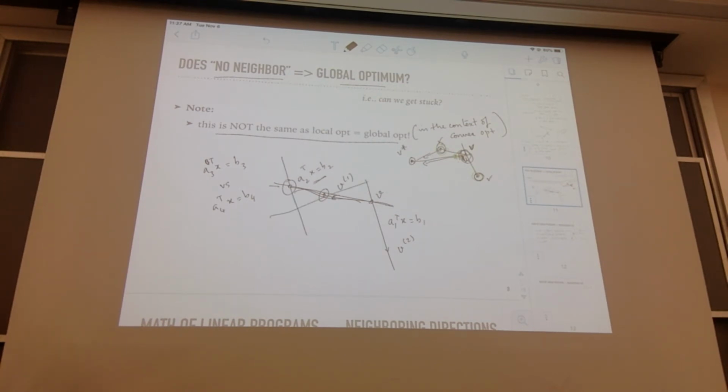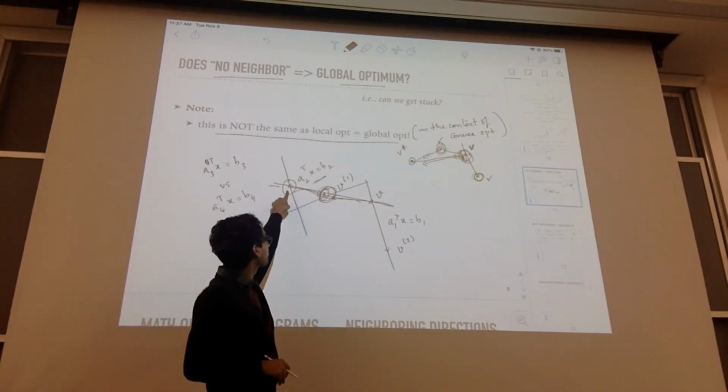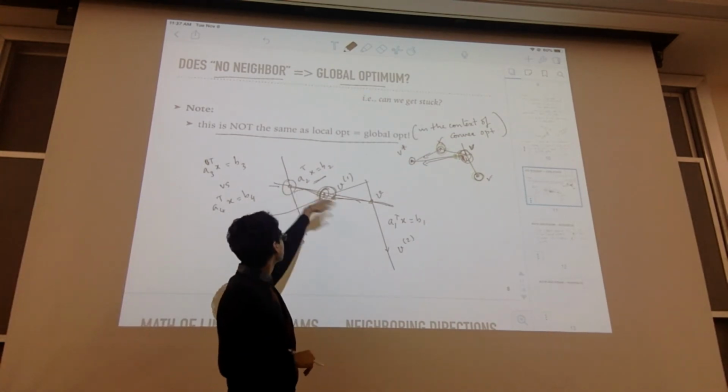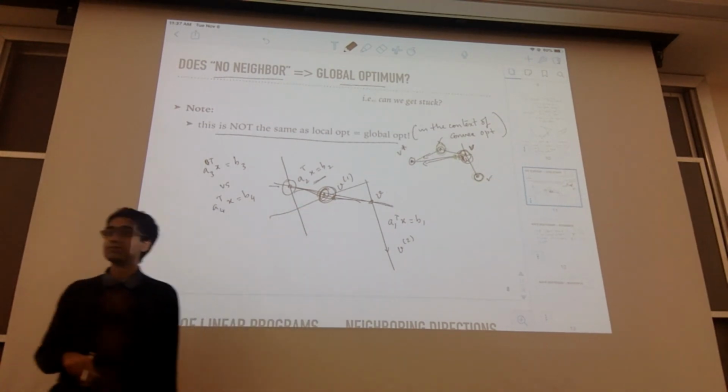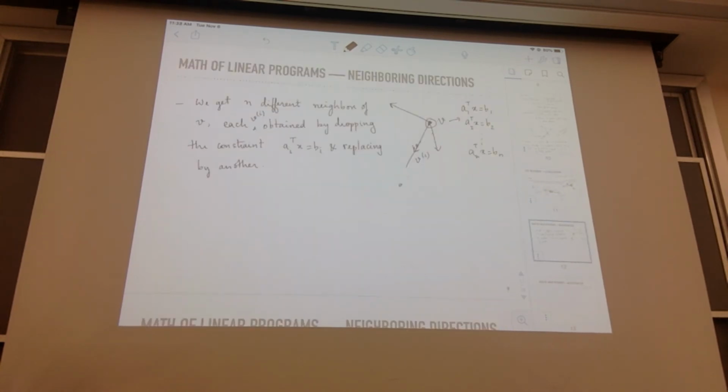The point is that only this guy can be feasible. This one cannot be because this is one of the hyperplanes. So this is the reason you can just say that every point has exactly n neighbors.